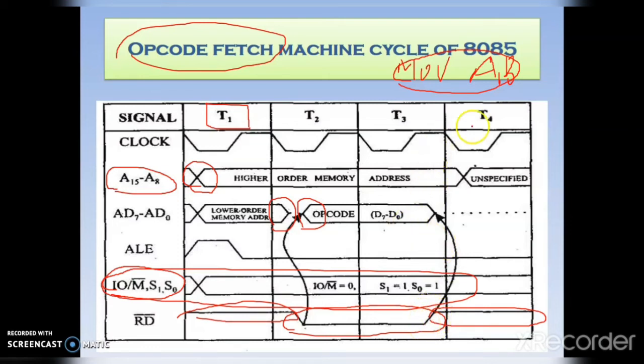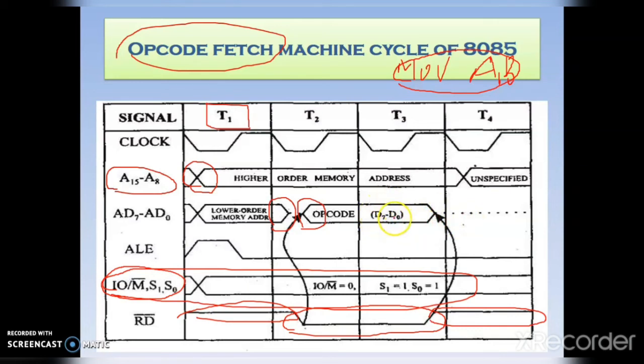So, in the T4 state, the microprocessor decodes this operation and decides whether to enter the next T states or not, that is T5 or T6 states. It depends on which type of instruction it receives from the memory location.